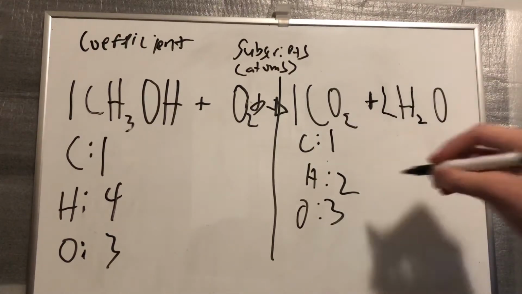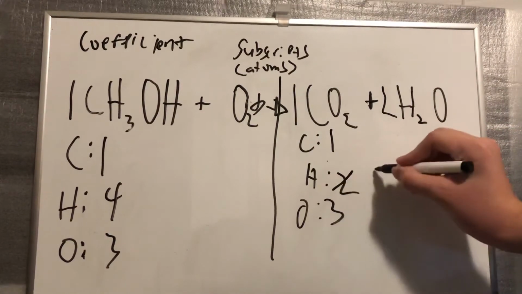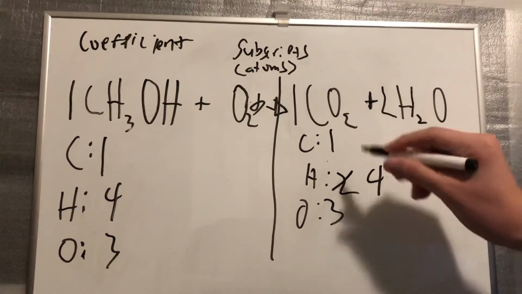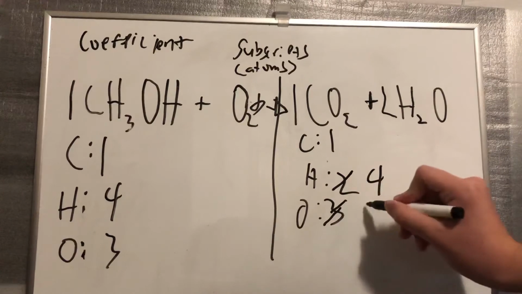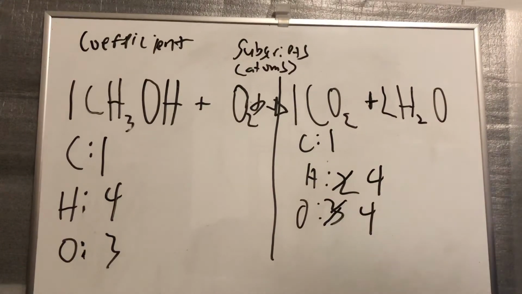So then you have yourself 4, and now you would have 4 here. Now we have fixed 4 oxygens on the right. Oh wait, the left side is only 3 oxygens.